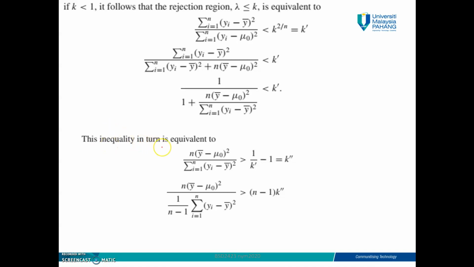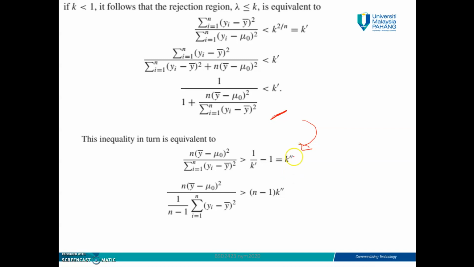This inequality in turn is equivalent to this equation. You can see that here we try to rearrange this equation into this equation. Now instead of k prime, we have k double prime.